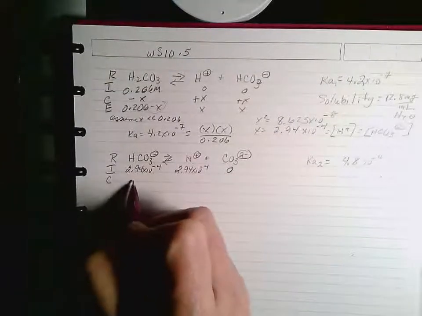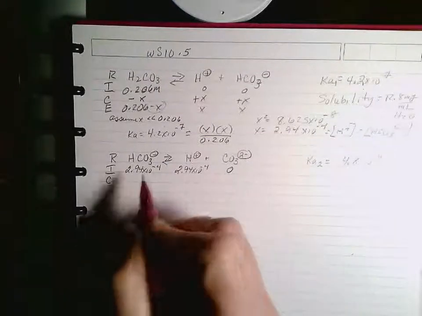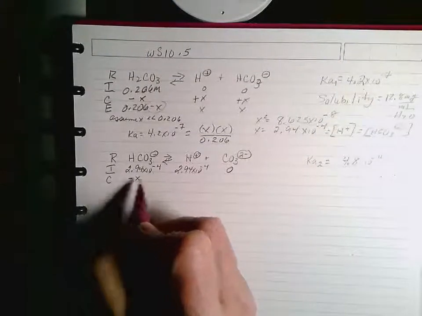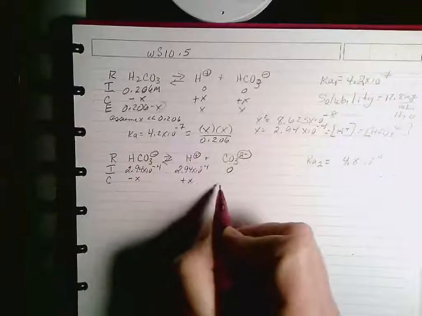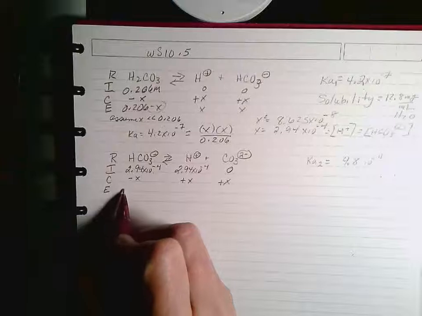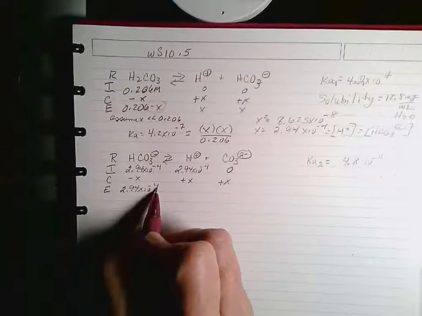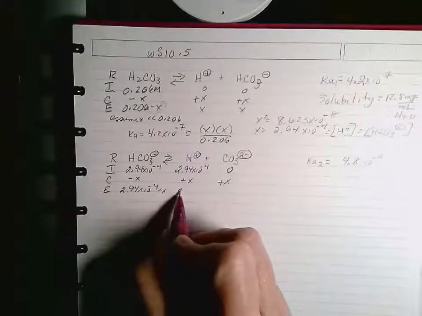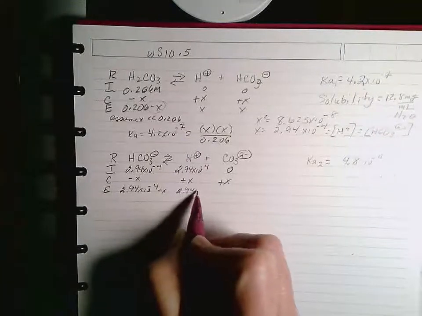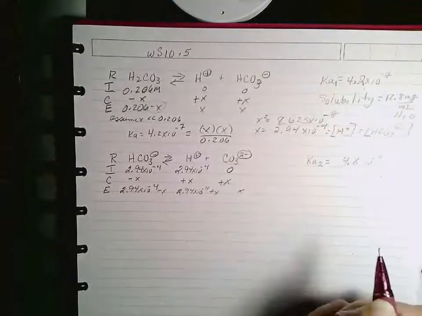So again, since I have a 0 over here, I know my equilibrium will shift to products. So I'm going to lose x here, gain x here, and gain x here. And so at equilibrium, this would be 2.94 times 10 to the negative fourth minus x, 2.94 times 10 to the negative fourth plus x, and this would be x.